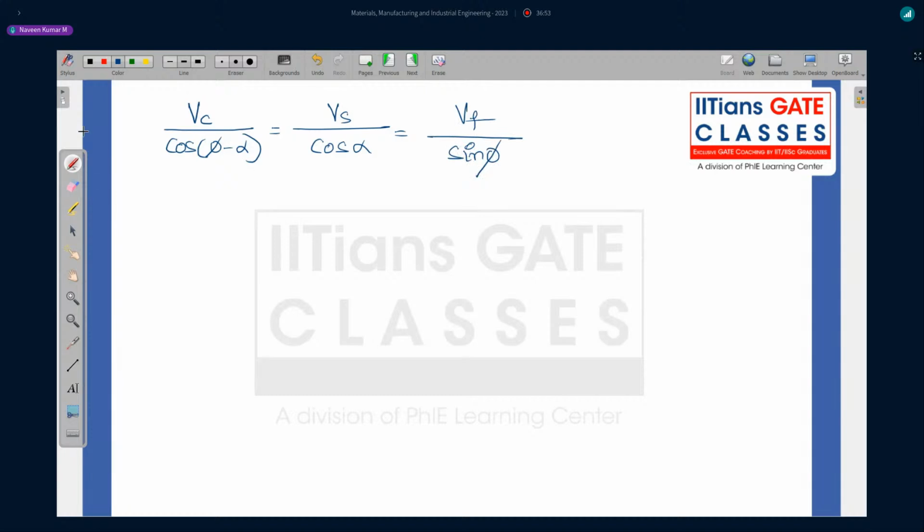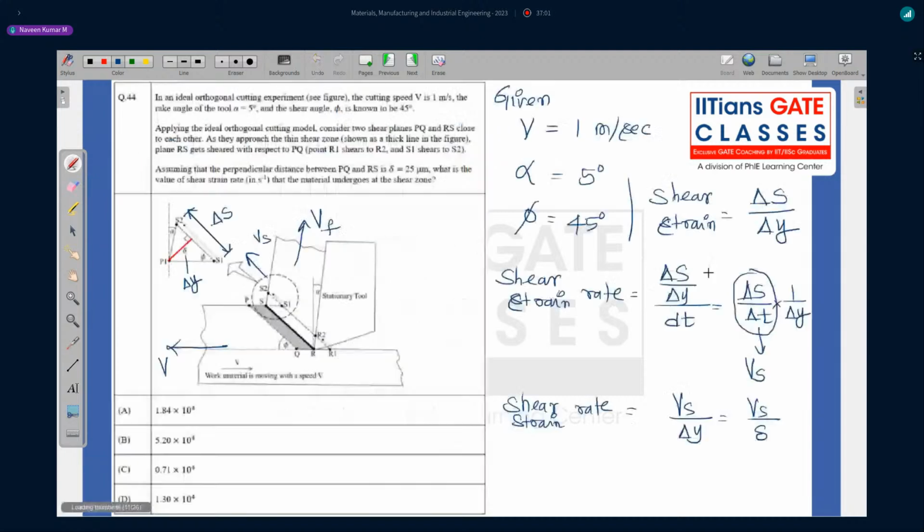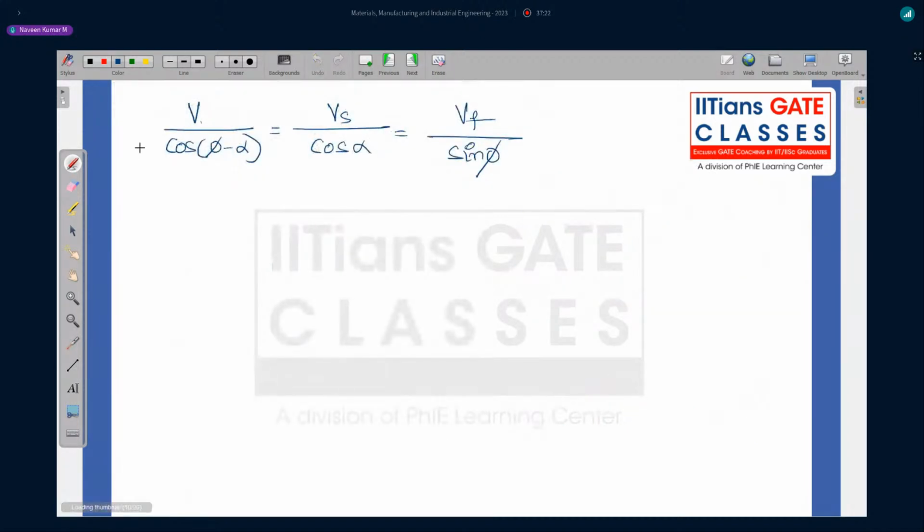Here instead of Vc, they're making it V. Now we have been given V and we want to find Vs. Delta is already given, delta is 25 micrometers. So we just equate these.